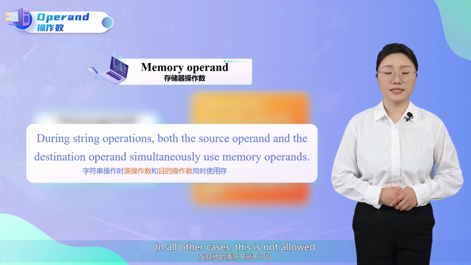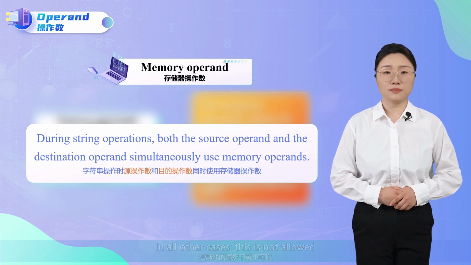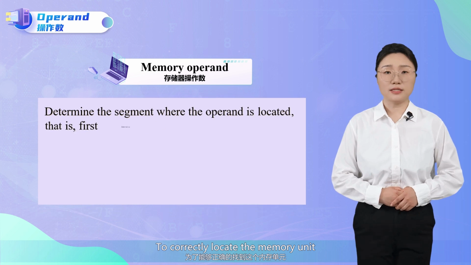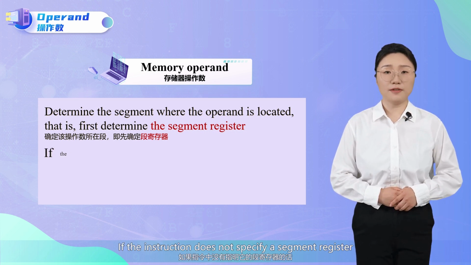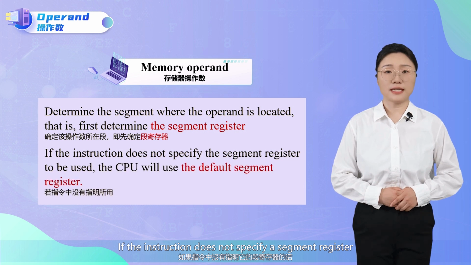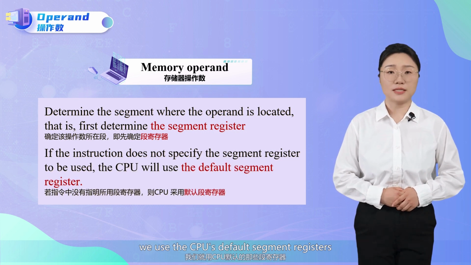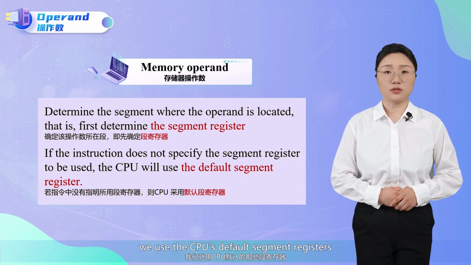In all other cases, this is not allowed. To correctly locate the memory unit, we need to determine which segment the operand is in, that is, first determine its segment register. If the instruction does not specify a segment register, we use the CPU's default segment registers.